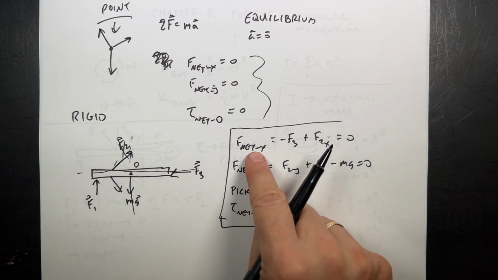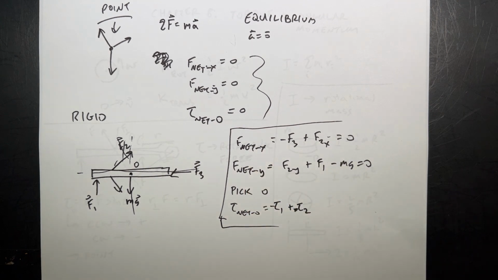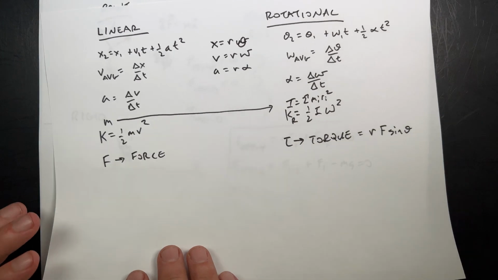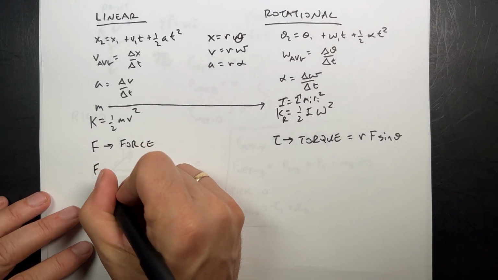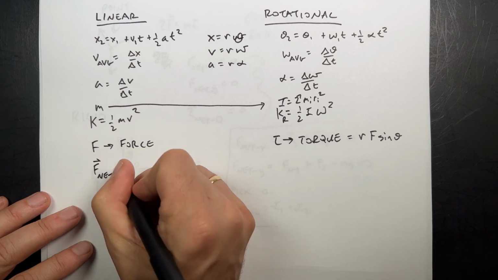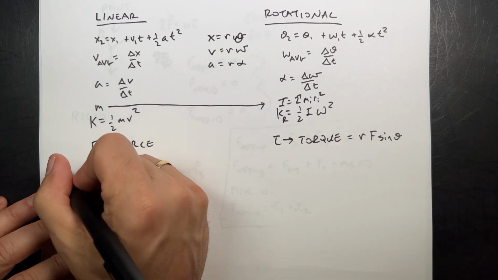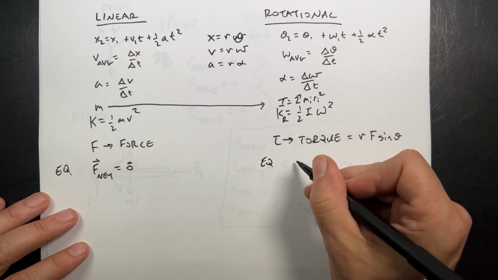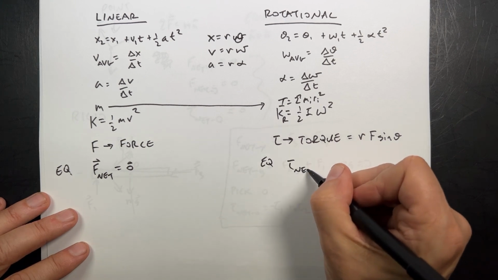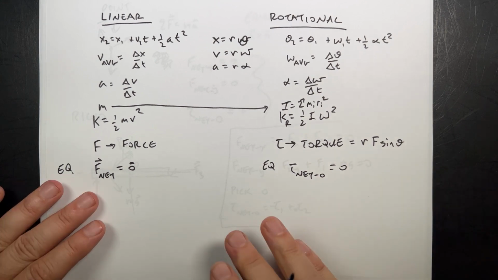The net force in the x direction, the net force in the y direction, and the sum of the torques. And that makes it more interesting. And so I guess we could add that over here. Equilibrium, F net is 0, and then equilibrium, torque net about O equals 0.